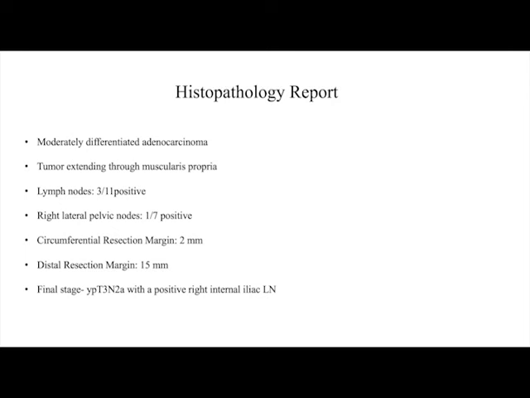The final histopathology report shows a moderately differentiated adenocarcinoma with a final stage of YPT3N2A with a positive internal iliac group of lymph node.